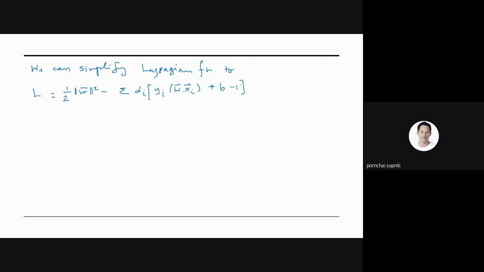So previously we wrote it like that. And sorry, this y has to multiply (wx plus b).